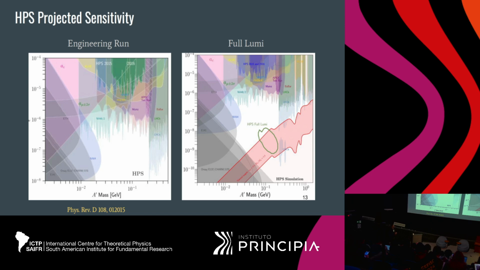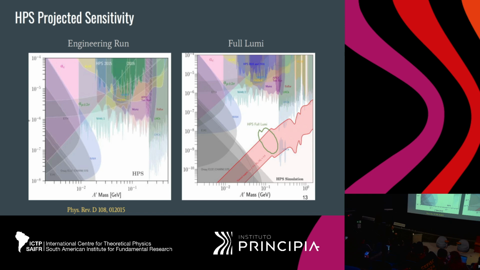And this instead is the projection for the displaced vertex as soon as HPS will be able to collect the statistics that has been defined by the collaboration. And you can see that using a technique which is similar to what LHCb did for the displaced vertex, so searching for a displaced vertex, the explorable region of parameter space is closed.